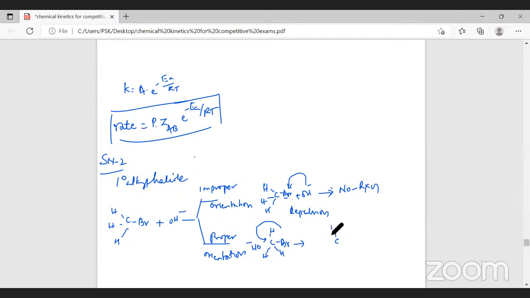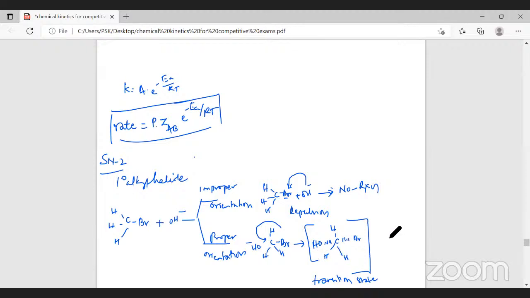So the OH will start forming the bond with carbon, and likewise the bond between carbon and bromine starts breaking. See the straight line I've written here, and here I'm writing the broken line. So the bond is formed between carbon and OH, and likewise the bond is broken between carbon and bromine. This is called the transition state.